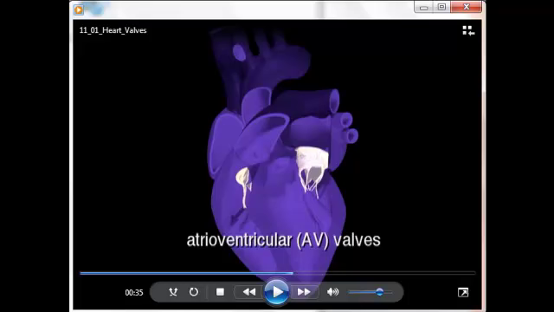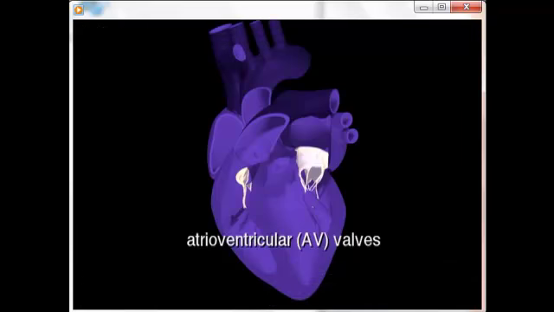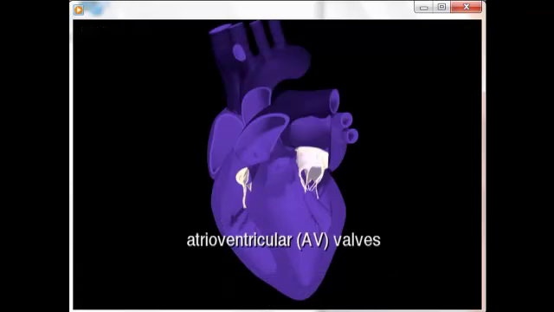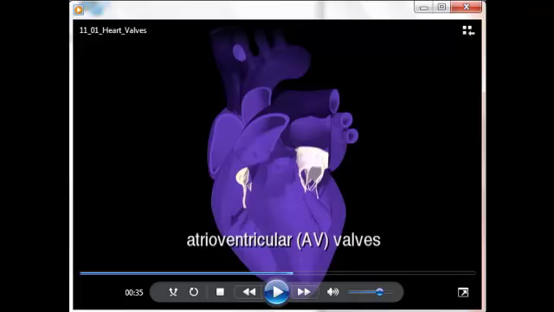Notice here that the AV valves are held by some chordae tendineae, is what they're called, and these are little cord-like connective tissue fibers that hold the AV valves in place. The AV valves are called the bicuspid and the tricuspid valves, depending on the number of cusps of the valve.